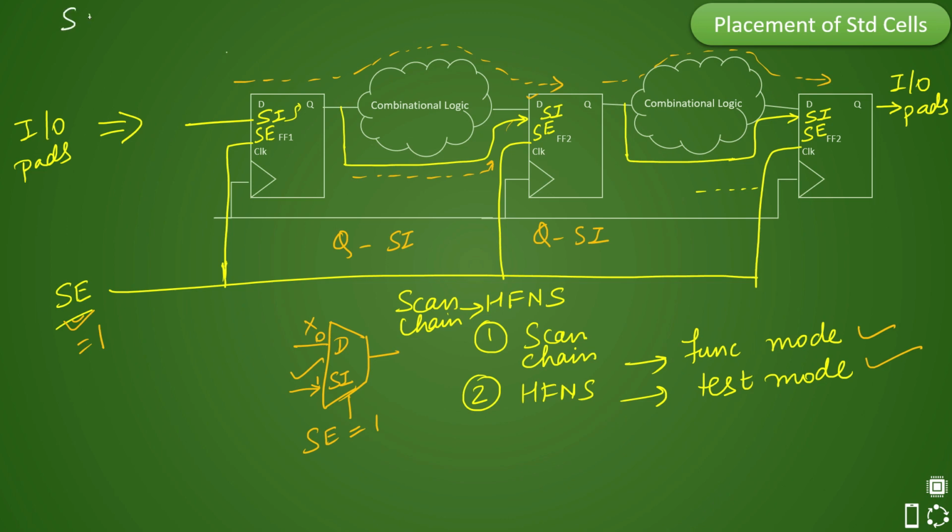Now the scan chain is actually inserted by another team, generally a DFT team, which stands for design for testability. They will provide you the scan chain information. Scan def they will provide, which we have discussed earlier.